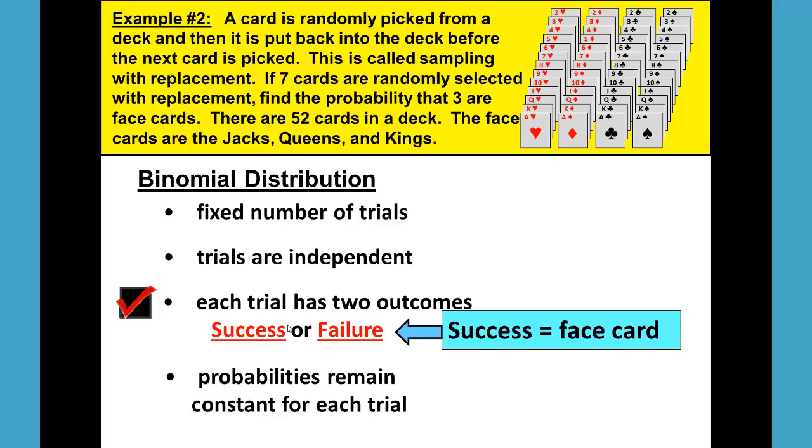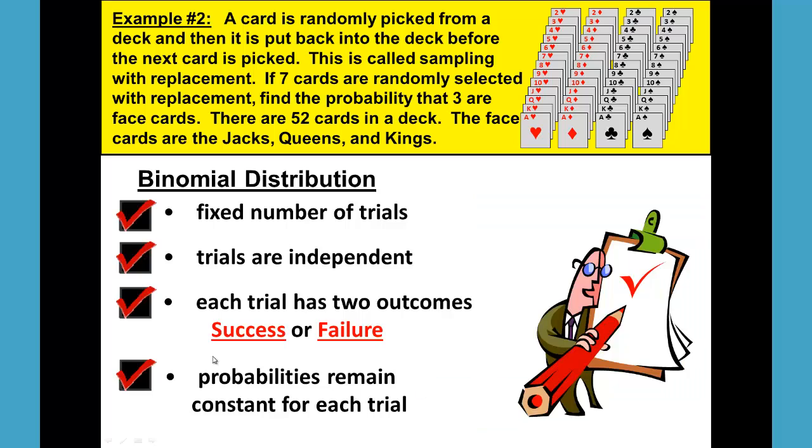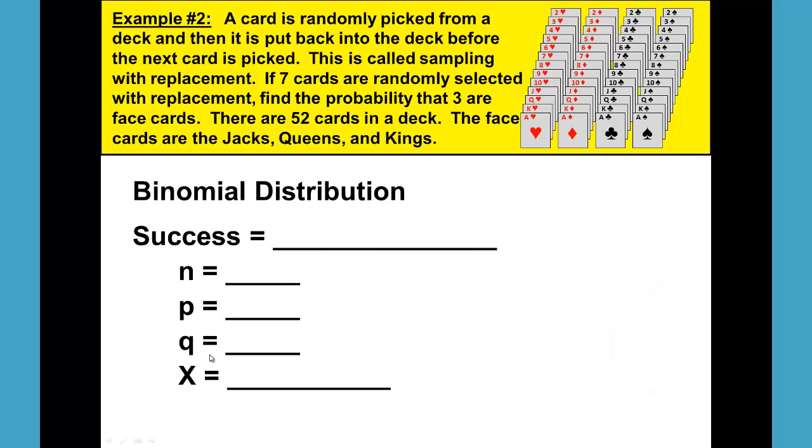Success is a face card. Check. Since the cards are picked randomly with replacement, the probability of getting a face card is the same for every pick, so the probabilities remain constant for each trial. Check. It meets the 4 characteristics, so we do have a binomial distribution.